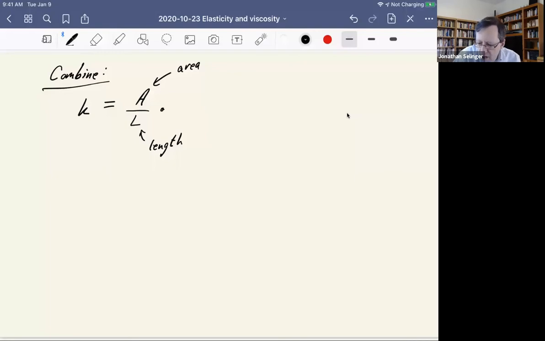It depends on what the material is made of. So this constant of proportionality is called Young's modulus.